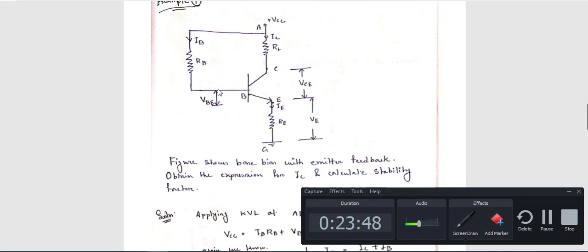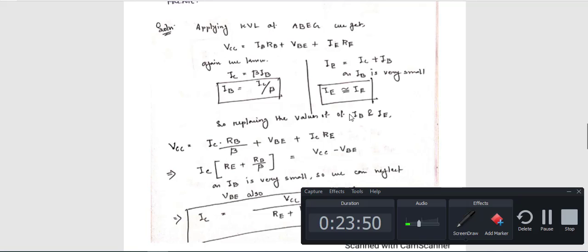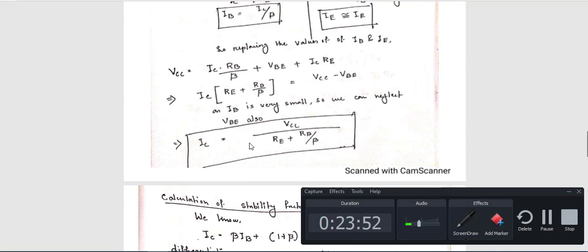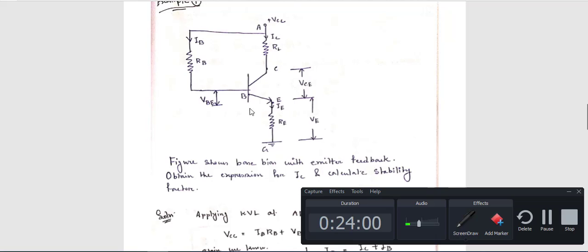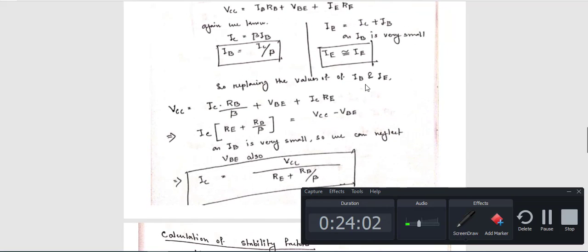Suppose VBE is given to you, then you can say IC is equal to VCC minus VBE by this. Or suppose the IB value is given, then you don't need to neglect it, you directly put the value of IB here and you get some constant.